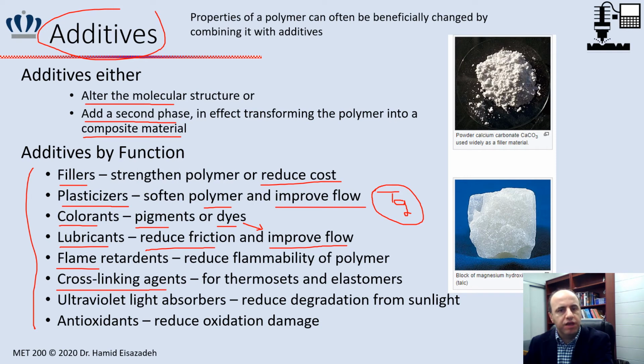For thermoset and elastomer material, we have some additives that can be used for these two categories, so make the production of these two materials easier. And we also have some additives that increase the UV absorption. And also we have some additive material that can reduce oxidation damage.